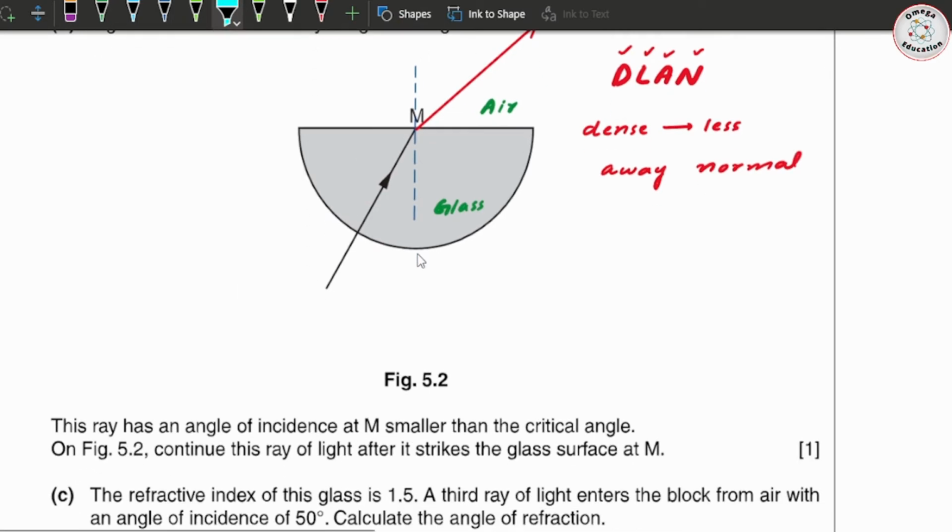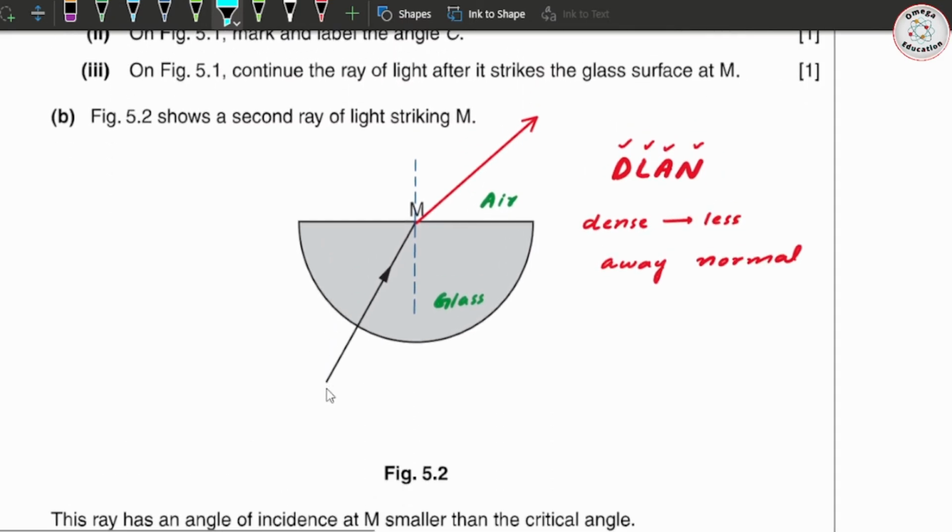So this is the normal, and we have to bend the ray, because this time the angle of refraction would not be 90 degrees, it would be less than that, and we have to bend the ray away from the normal, because the ray of light enters from a dense medium to a less dense medium.